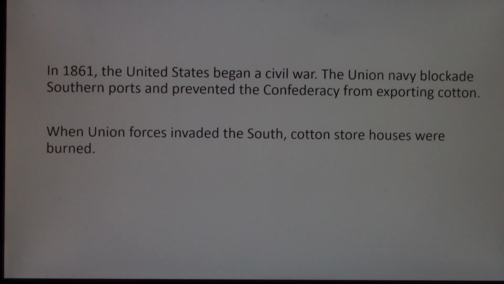Now, in time, the Union forces will invade southern states, and when they come across the cotton that has been stored by the southern states, they will destroy it. So now Europe is in a tough spot. It needs cotton, but there is no cotton coming from the United States. This means that Europe is going to have to look for new places to get its cotton.